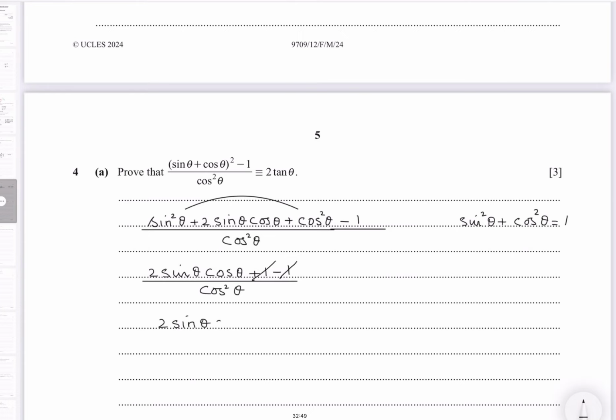So you are left with 2 sine theta cos theta over cos square theta. So 1 cos theta will be cancelled out with cos square theta, and you can write 2 sine theta over cos theta. So sine over cos is always tan, so you write 2 tan theta, which is your right hand side.